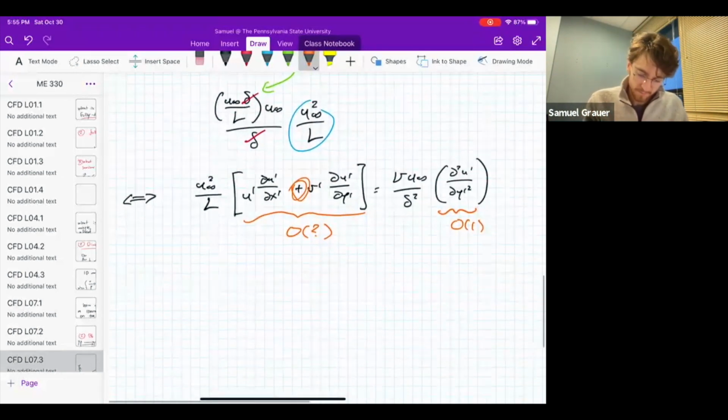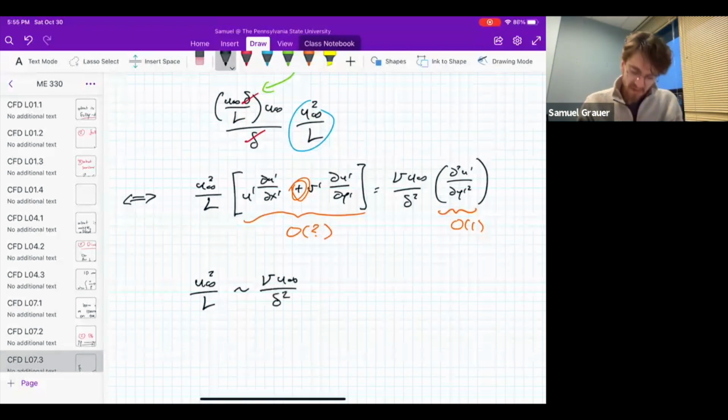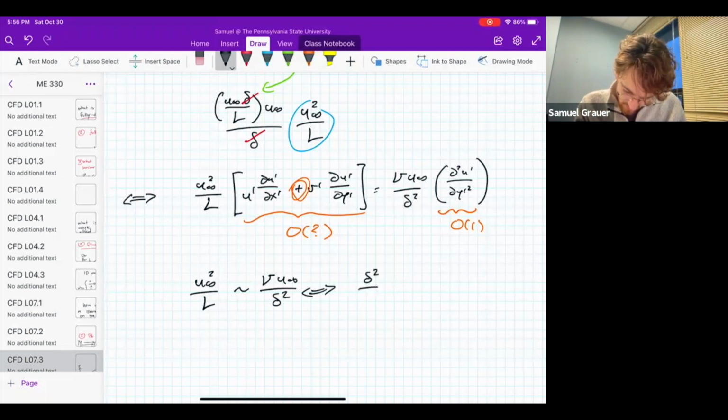So we will say we have u infinity squared over L is proportional to nu times u infinity over delta squared. Let's multiply both sides by delta and divide both sides by u infinity squared. So we have delta squared over L is proportional to nu over u infinity.